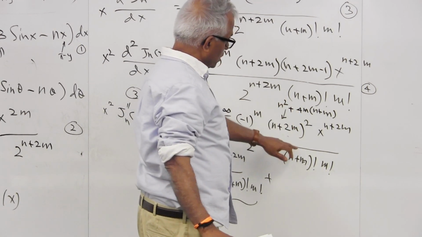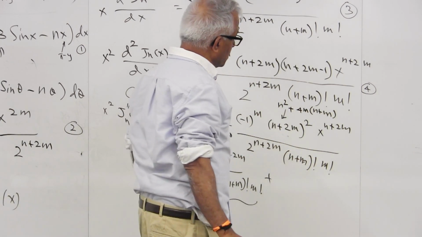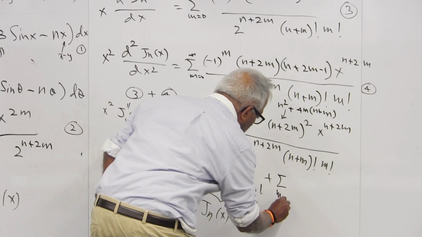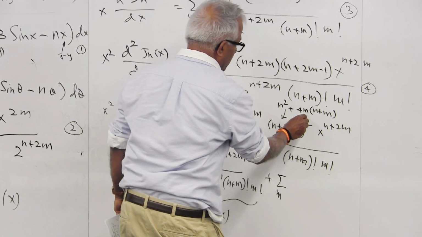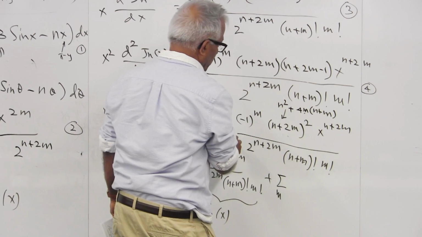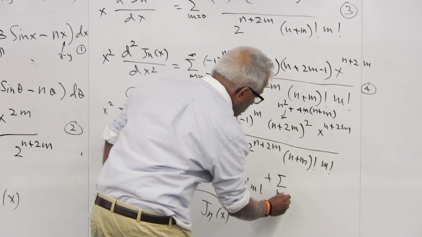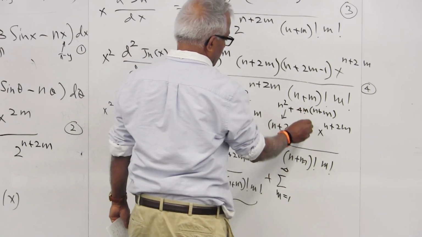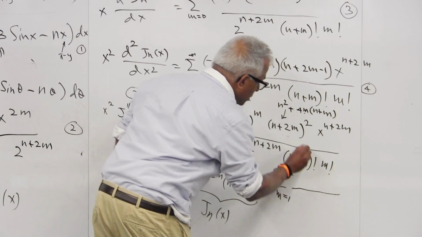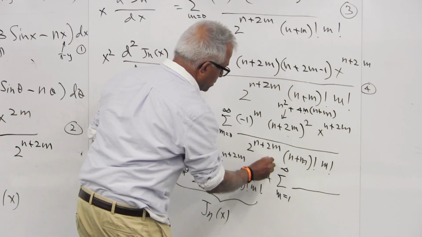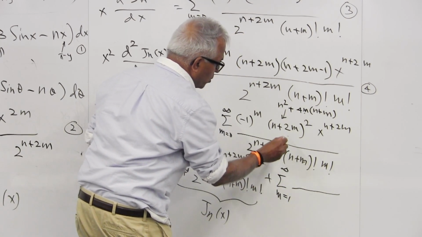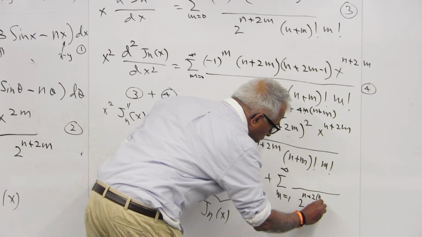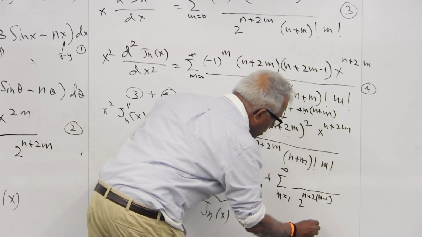you have 4m here. So m will cancel with this, become m minus 1 factorial. So summation m equal to, so first of all, since there is an m here, when m equal to 0, the whole thing will go away. So this summation starts from 1 through infinity first. Then we can cancel the m. And the 4 will make it, here 2 squared will go away. So this will become n plus 2 multiplied by m minus 1.